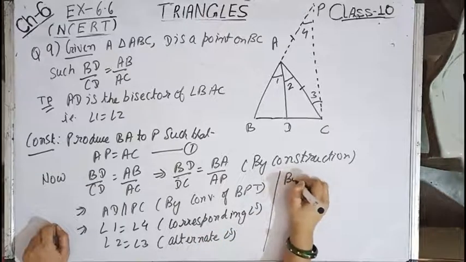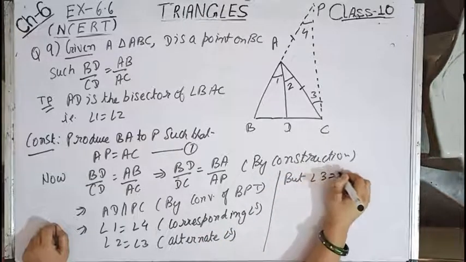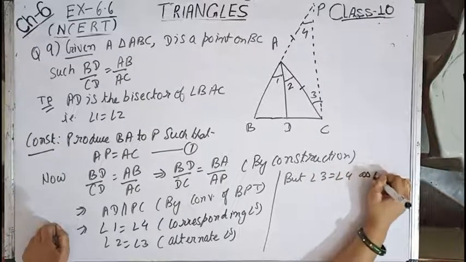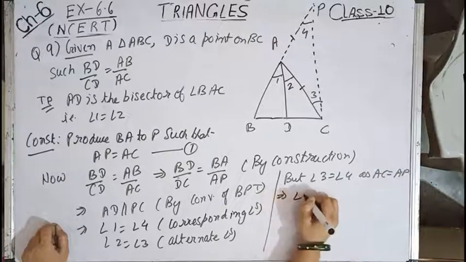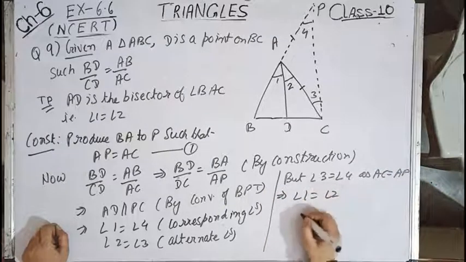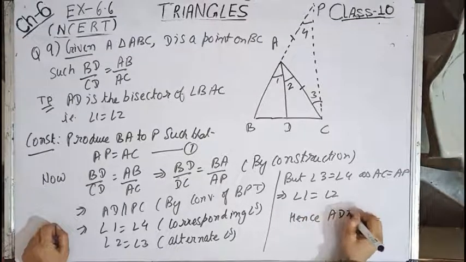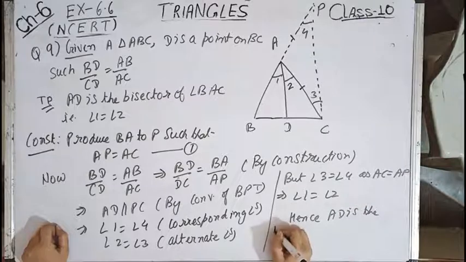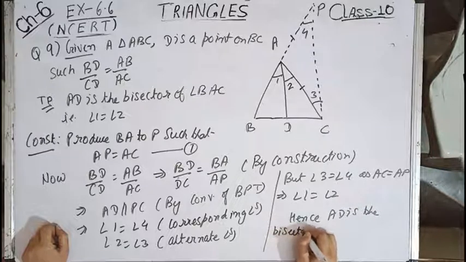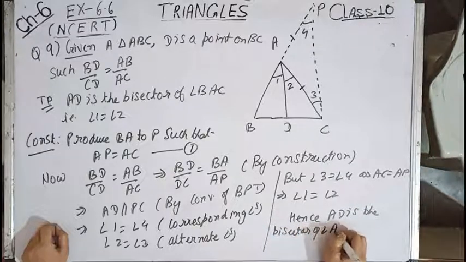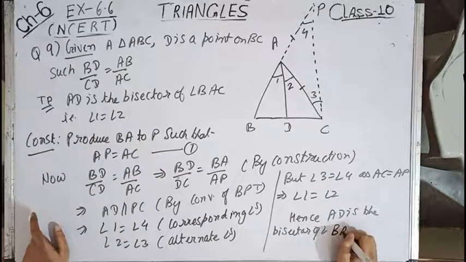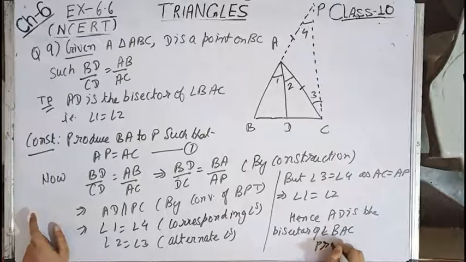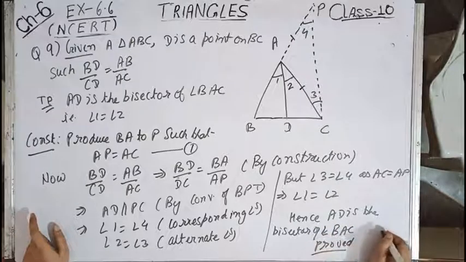But angle 3 equals angle 4 as AC equals AP by construction. This implies angle 1 equals angle 2, and hence AD is the bisector of angle A. Of angle BAC, let us write properly, of angle BAC, and hence proved.